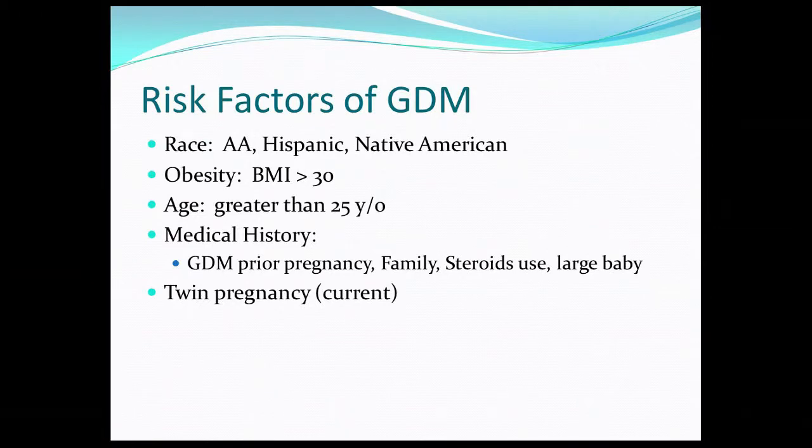Just like regular diabetes, obesity plays an important factor. Usually we look at the BMI, body mass index, and those with a BMI greater than 30 tend to have a higher risk of gestational diabetes.